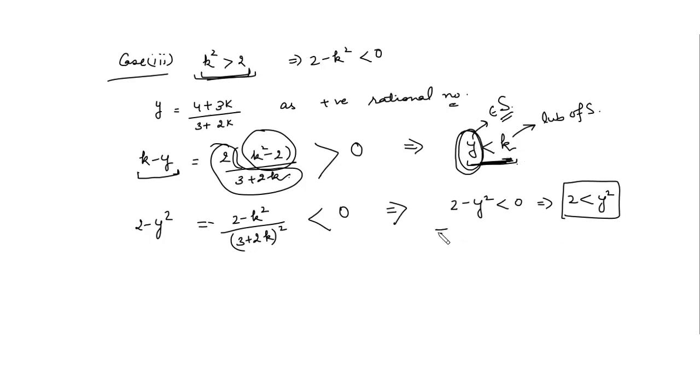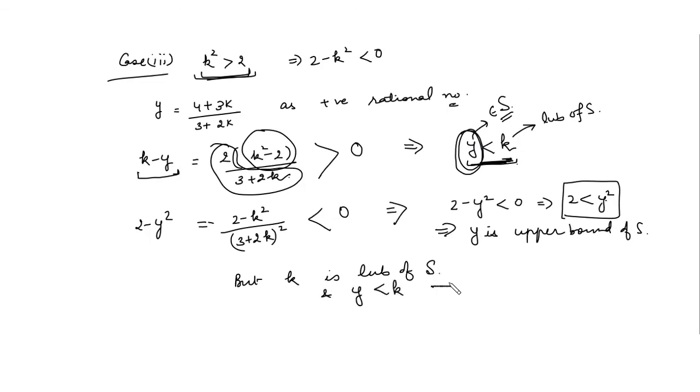Right, so if y square is greater than 2, it means y is an upper bound of S. But k हमने assume किया है least upper bound of set S, and y is less than k. This gives you a contradiction.